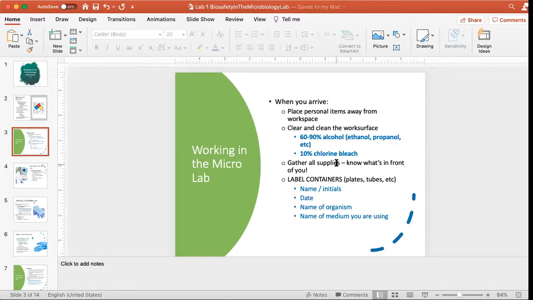But I have some information here that you should know. You should know, for example, that a solution of alcohol that's diluted between 60 and 90% is a very good disinfectant for surfaces. It's interesting, one of the things we've learned in terms of the general public during this pandemic is a little bit about disinfectants, right?